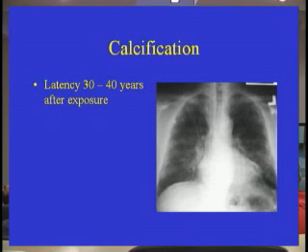Again, benign. Unless you have very extensive pleural thickening, at that time the lung becomes restricted. But normally it's just an indicator of asbestos exposure. And here at the bottom we can see a little white line on the diaphragm, and that is the calcium that's been deposited there.